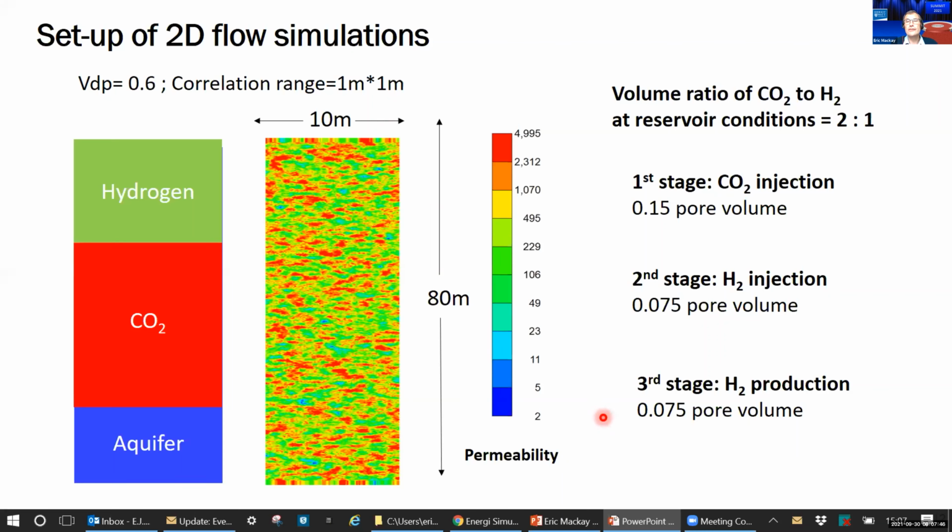The simulation is divided into 3 stages. First is 0.15 pore volume of CO2 injection, followed by half that volume, 0.075 pore volume of hydrogen injection, and then production. We hope it's going to be predominantly hydrogen production, and the volume being produced there is 0.075 of a pore volume.